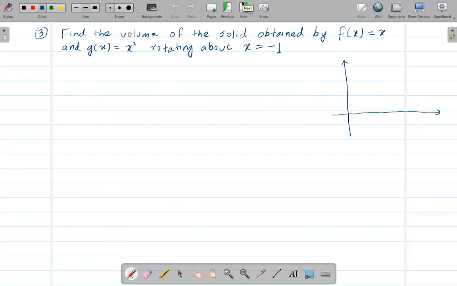Anyway, there's number 3 here. Now again, find the volume of the solid obtained by, same thing.